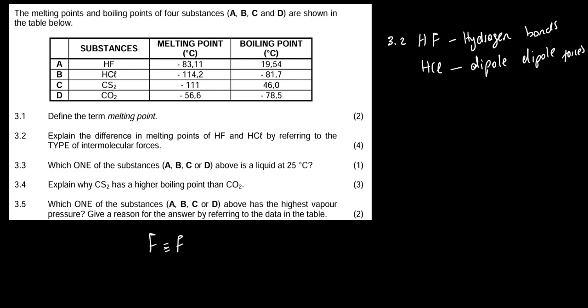But if I have H, F, it becomes polar, right? But this one is a special type of dipole, called hydrogen bond. But if you have HCl, it's gonna be simply a polar molecule. So hence you'll have dipole forces.